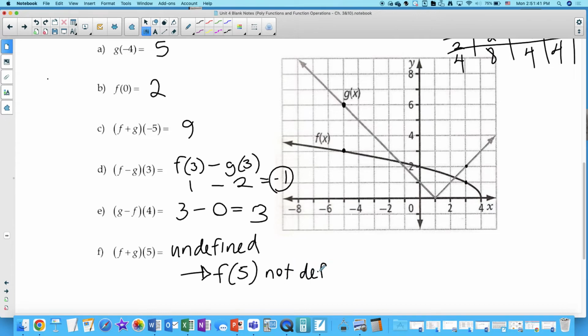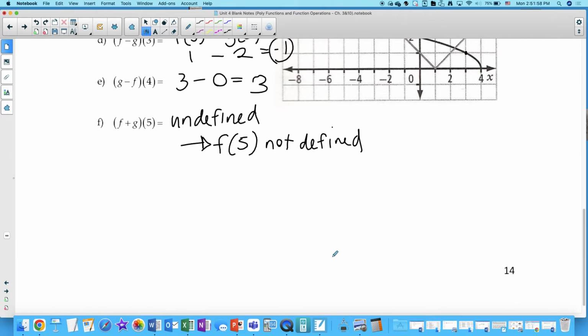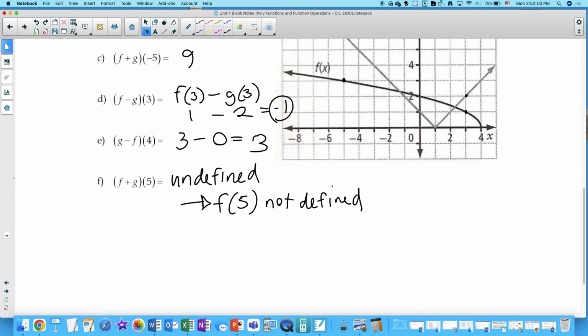Right? 5 is not within the domain of f of x. Okay. So far, so good?